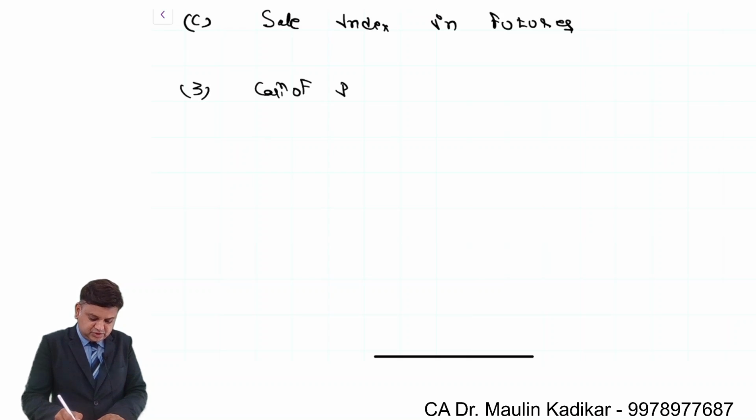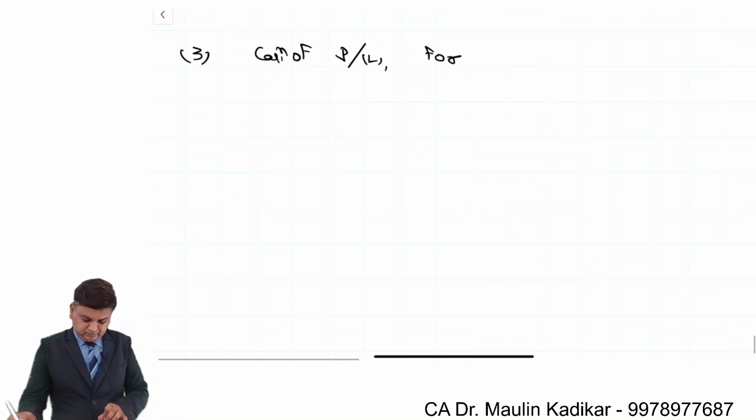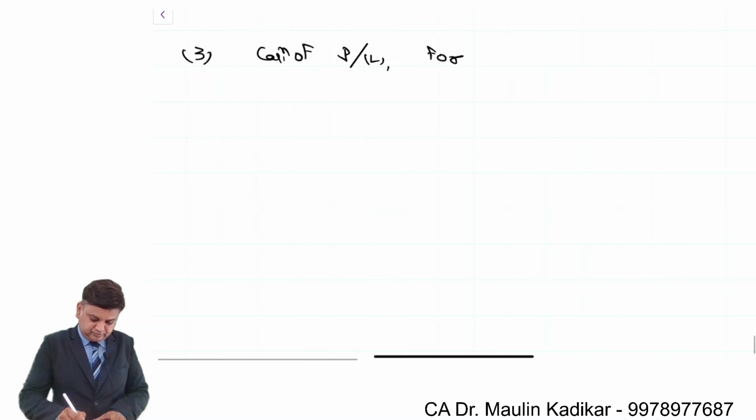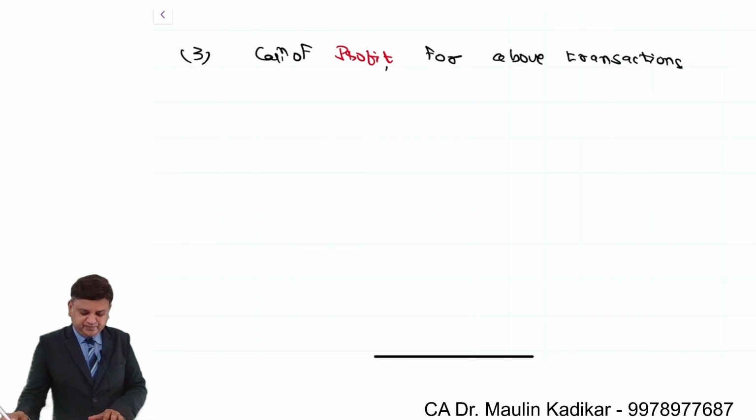Calculation of the profit or loss for above transactions. Full stop. I'm sorry friends, make it only profit, because this is going to be only profit. Calculation of profit for above transactions.